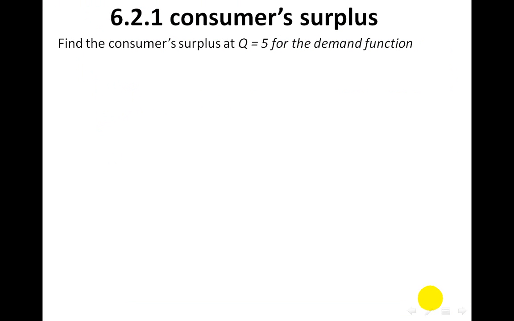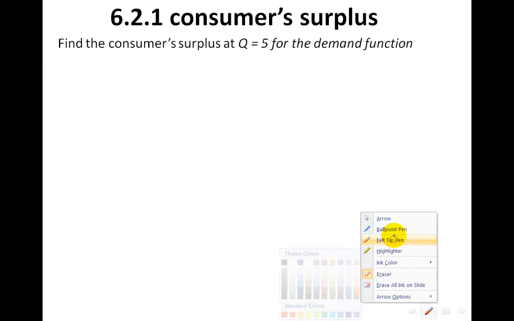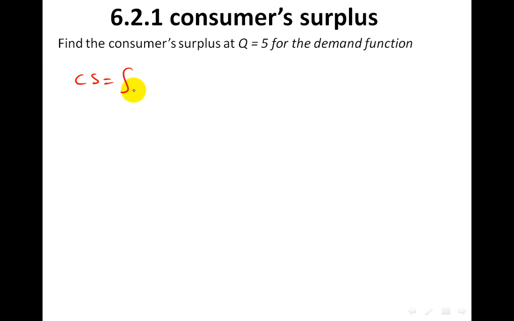Example 6.1 is consumer surplus. The formula for consumer surplus is: consumer surplus equals the integration of f of q dq minus q sub naught p sub naught, and this integration will be from 0 to q sub naught.